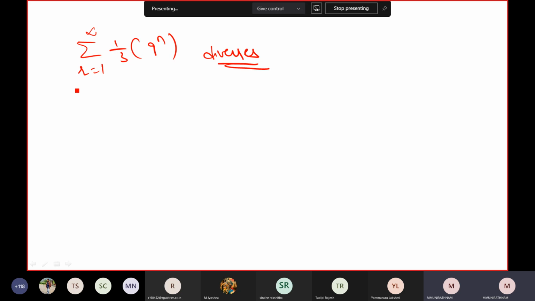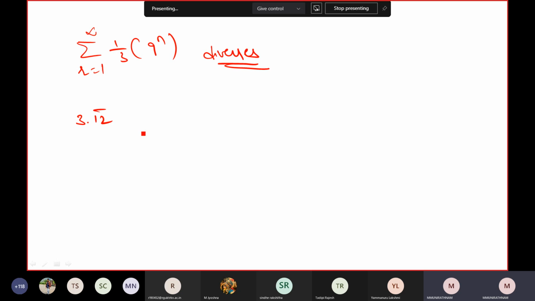One more thing is, in case of a geometric series, we can find rational expansions of repeating decimals. For example, 3.12 bar.